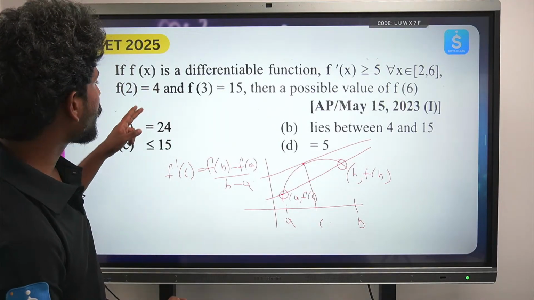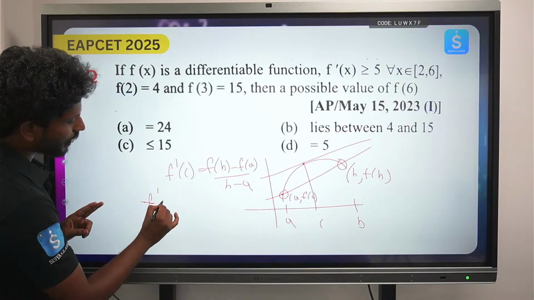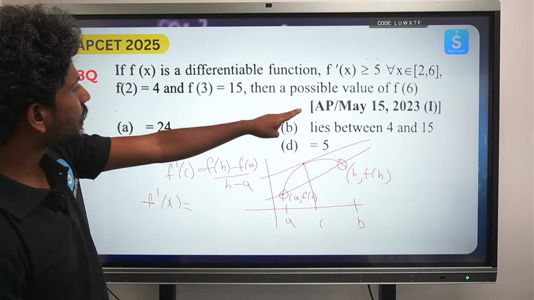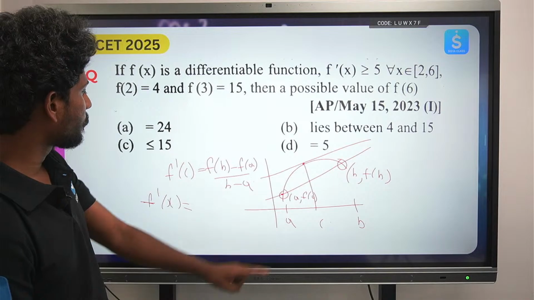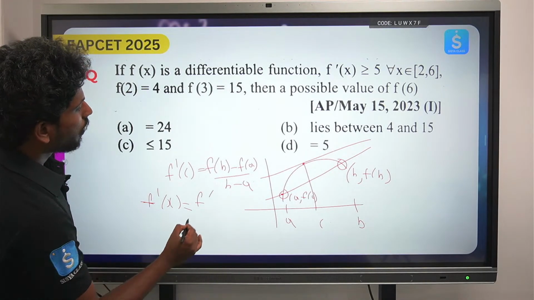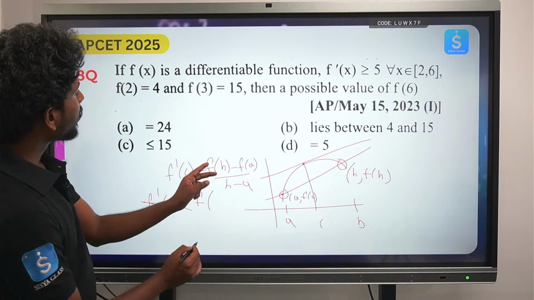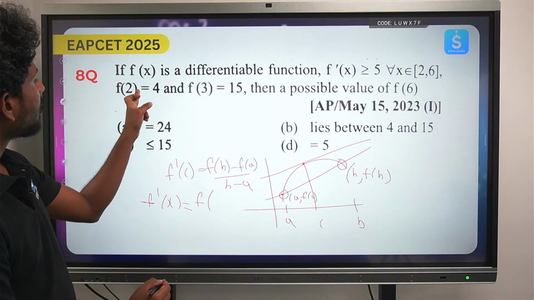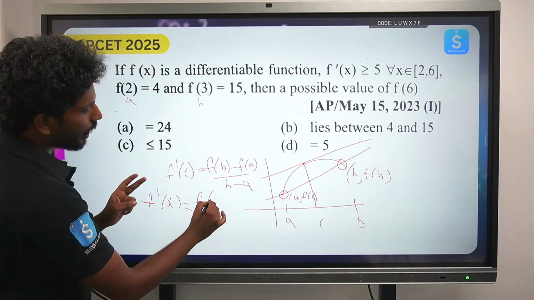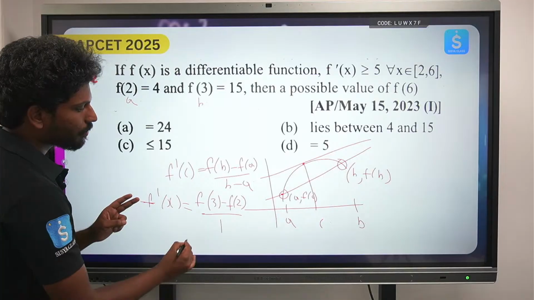So now if you see here, f dash of x is nothing but f of b minus f of a by b minus a. He is asking what is the f dash of 6 value. So f dash of 6 is nothing but, you can take this as a and this as b, f of 3 minus f of 2 by 3 minus 2, which is 1.